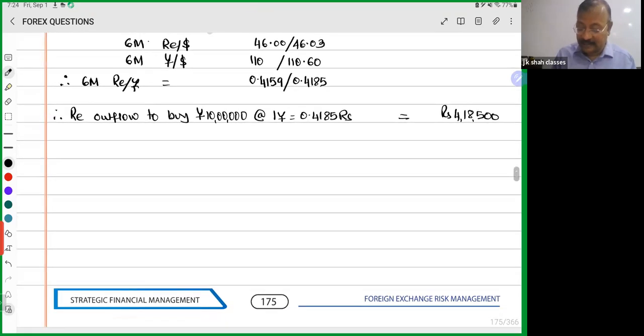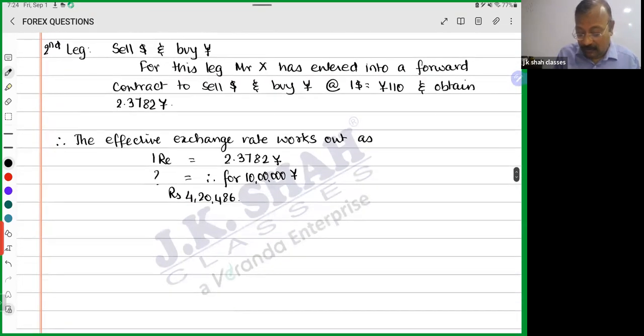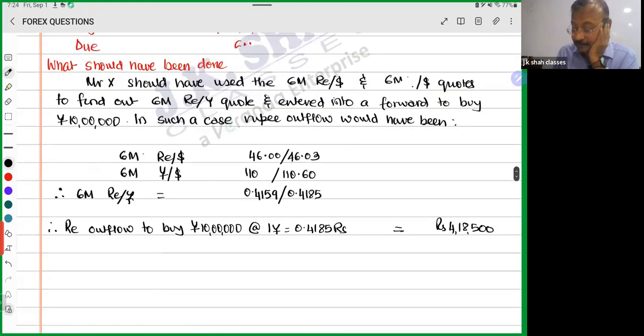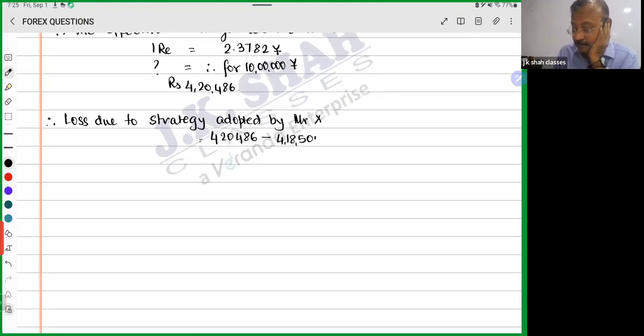Therefore, the loss due to the strategy adopted by Mr. X will be 420,486 minus 418,500, that is ₹1986.